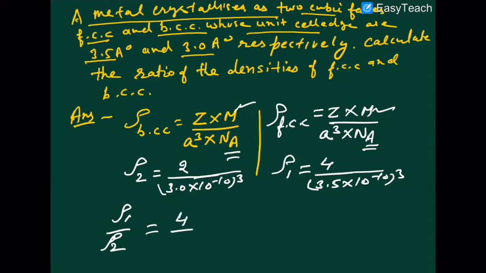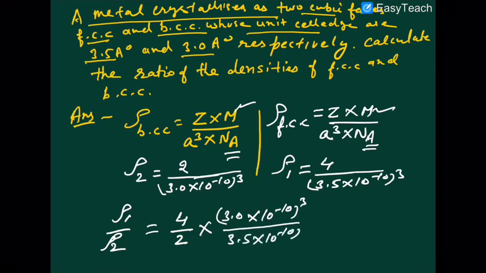It comes out to be 4 by 2 into 3.0 into 10 power minus 10, that is cube, divided by 3.5 into 10 power minus 10 power 3.